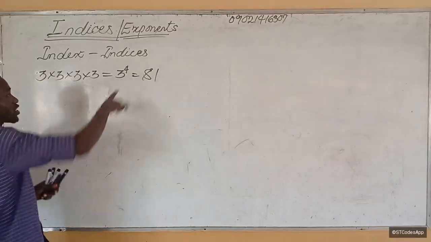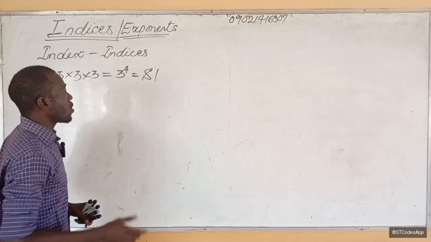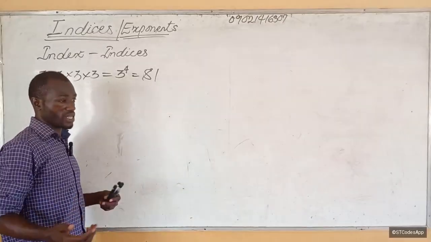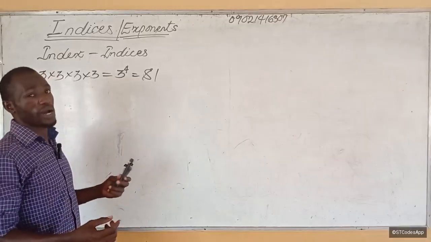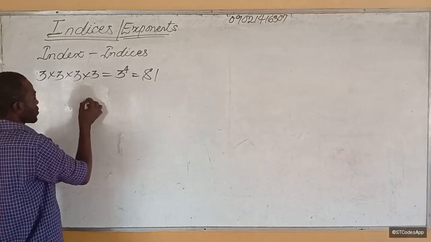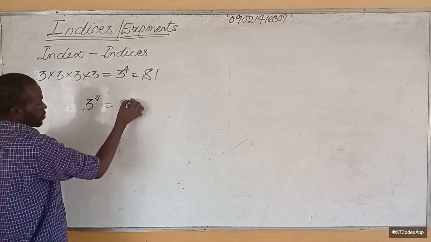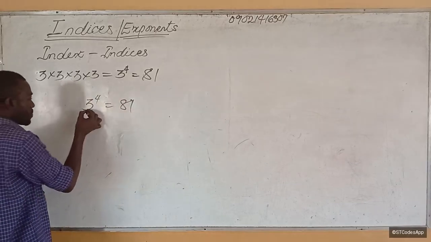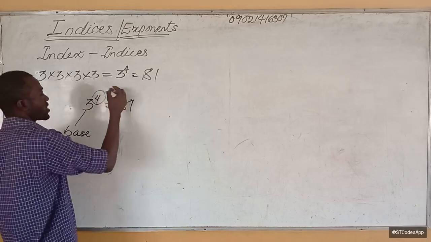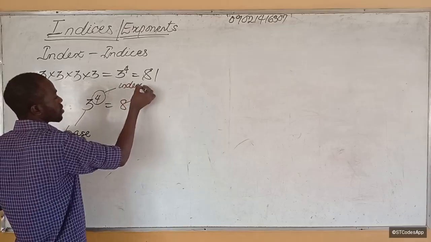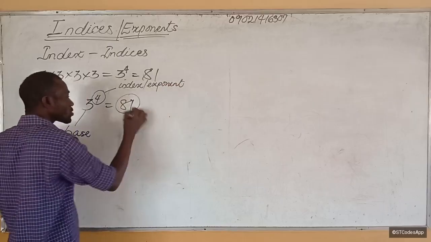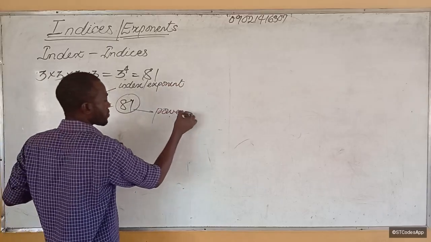So now, this 4 is going to be called the index or the exponent. But for a long time now, we have been calling it power. Actually, from the start, this 3 raised to power 4 is equal to 81. Now, this 3 is actually the base. This 3 is the base. This one here is the index or exponent, while this one used to be called the power.